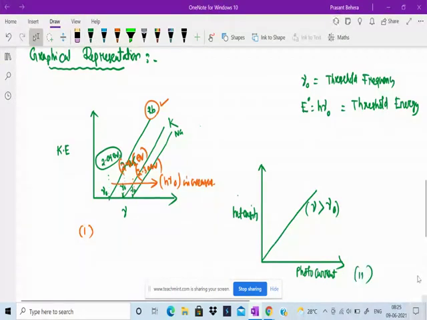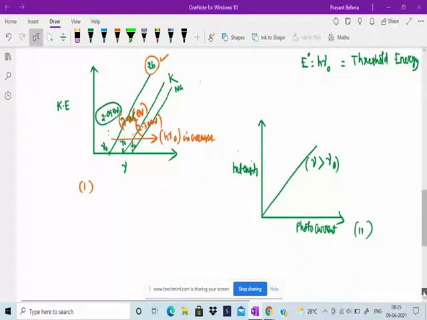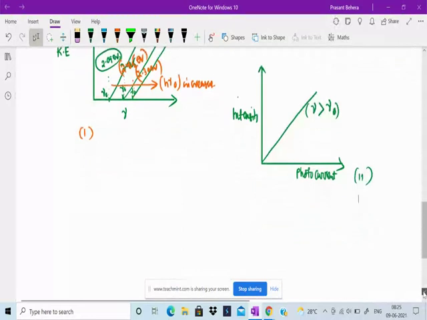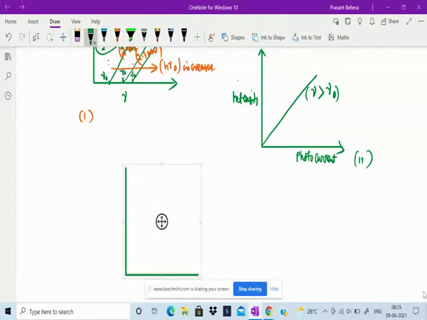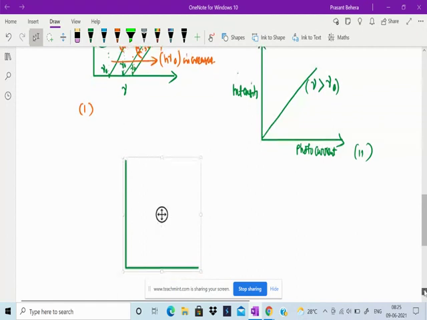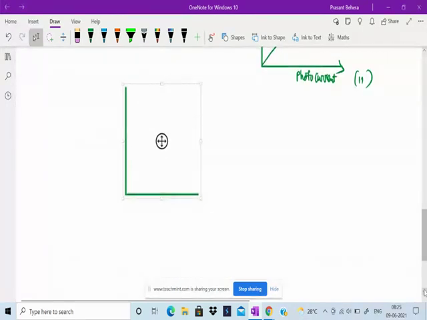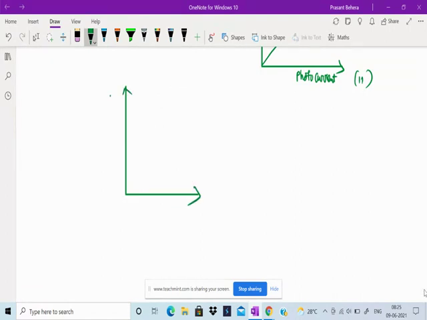Another graphical representation: kinetic energy versus intensity. Draw the graph. This is the kinetic energy, and this is the intensity.